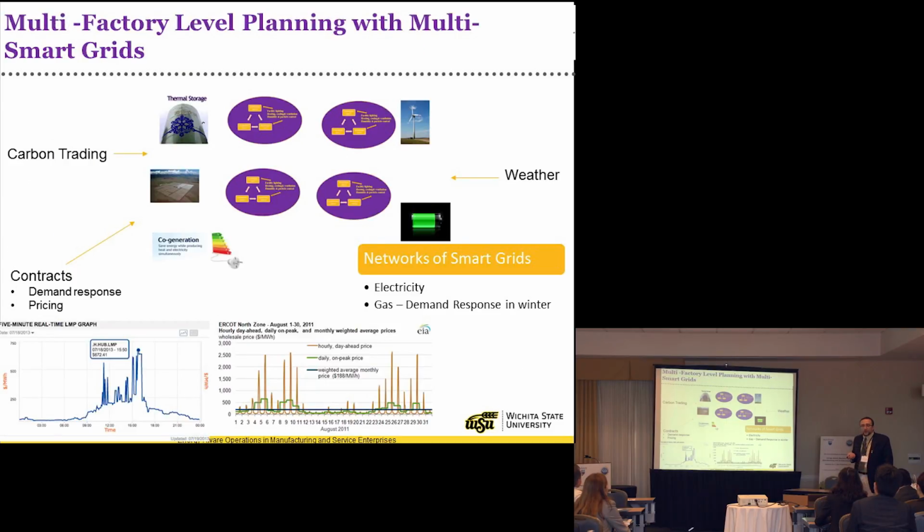Let's put one more dimension into here. Networks of smart grids, not only electricity, but also maybe have the gas network being there. If you are in Europe next year, I'm sure if Russia does something with the natural gas, there will be lots of demand response for gas consumption over there.